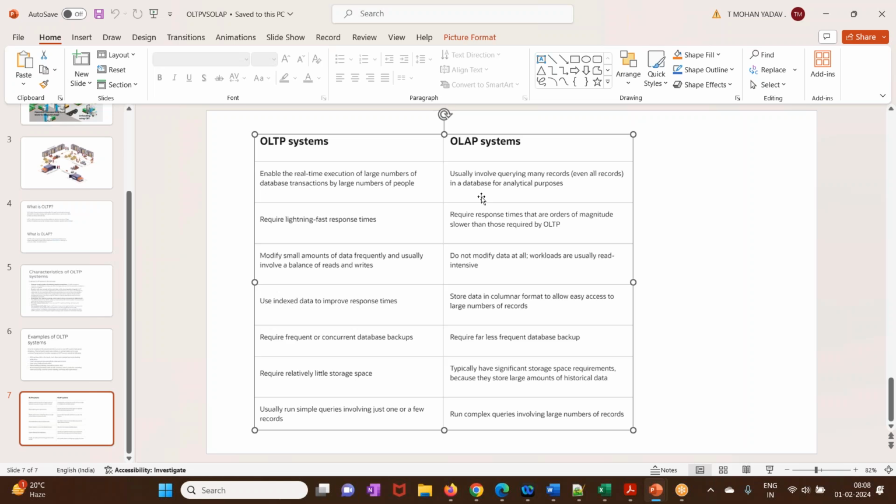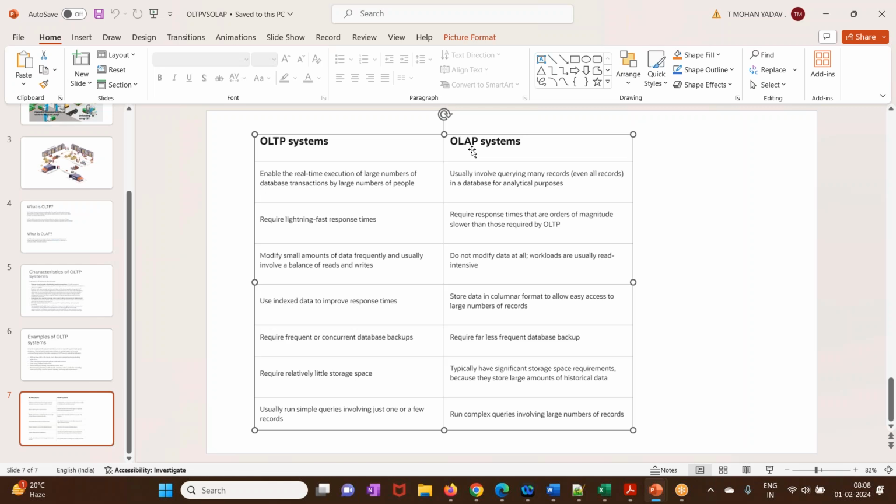Any doubts so far? We are going to work with Snowflake, which is an OLAP system where we are going to perform analytics. There are different types of analytics like descriptive, preventive, and predictive analytics. Based upon the requirement, if you are moving into machine learning, we will learn with the help of data.